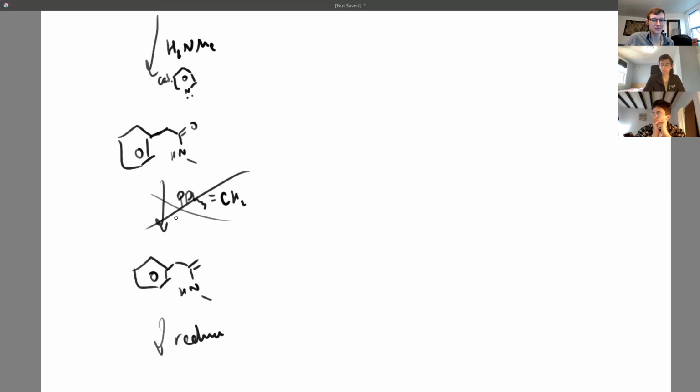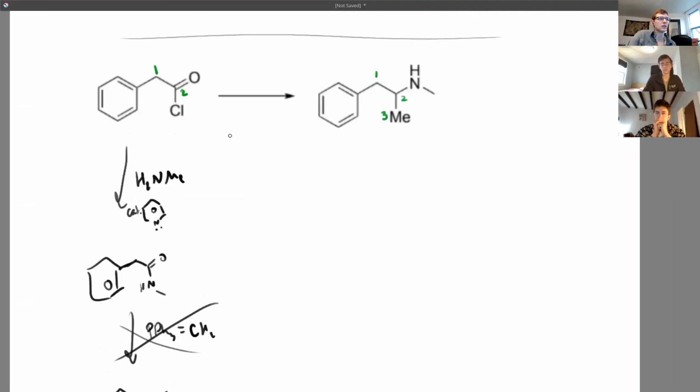Could you just do an organolithium, like lithium methyl, because that'll do a nucleophilic attack at the carbonyl carbon, right? But wouldn't that also remove the amine? Oh, are you saying do that first? I don't know, I guess that's a good question, it might remove the amine.